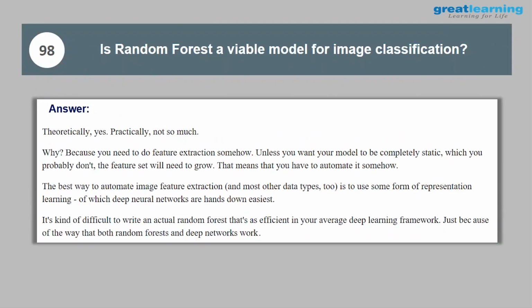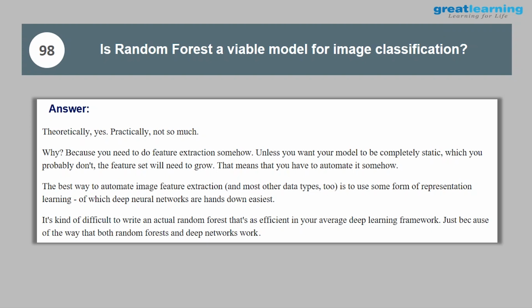Now let's have a look at, is random forest a viable model for image classification? Theoretically, yes. Practically, not so much. Why? Because you need to do feature extraction somehow. Unless you want your model to be completely static, which you probably don't, the feature set will need to grow. That means that you have to automate it somehow.